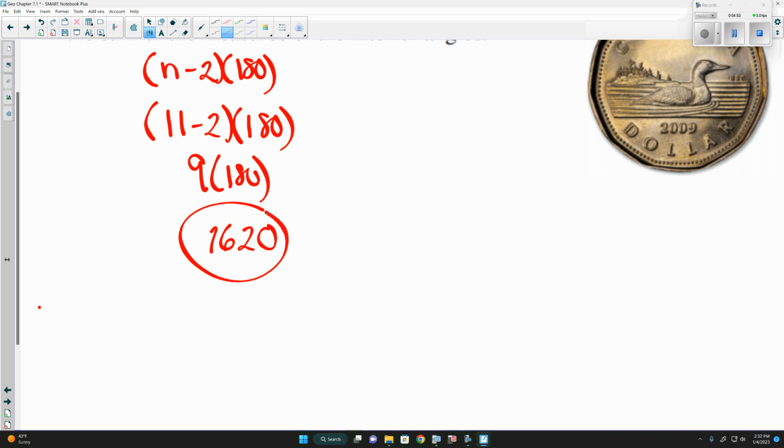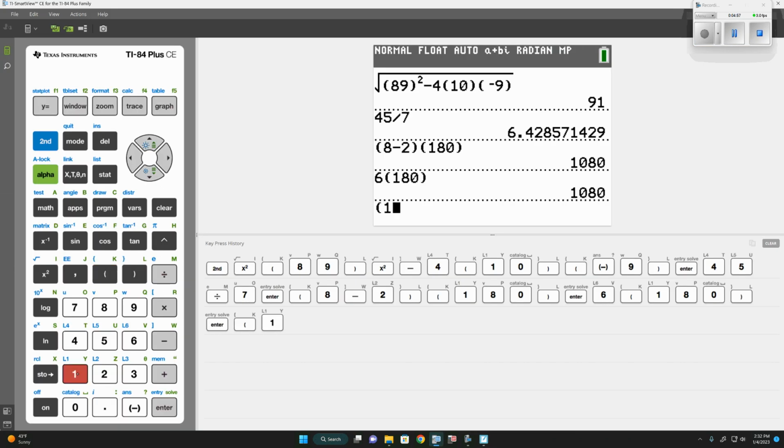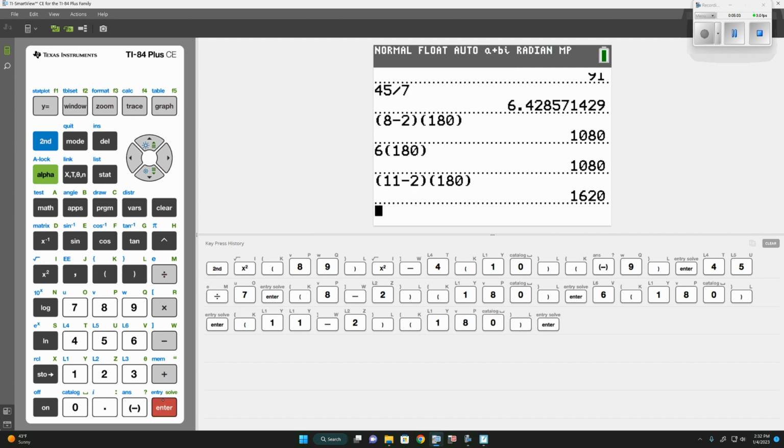So it should be 1620, or we can just grab a calculator and say 11 minus 2 times 180 is 1620.